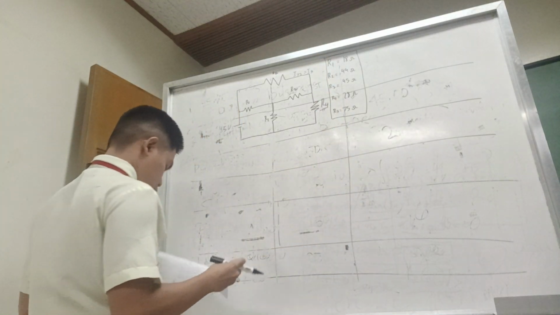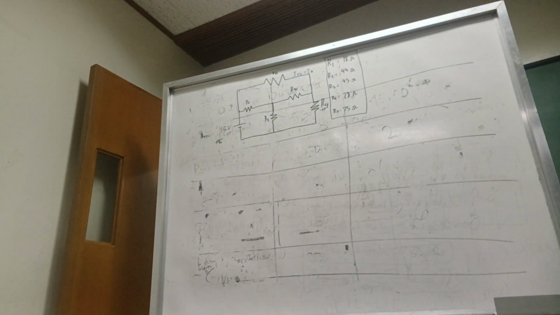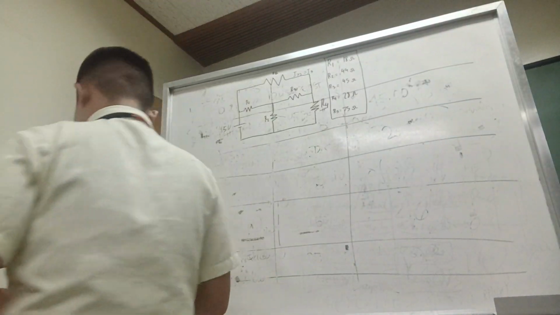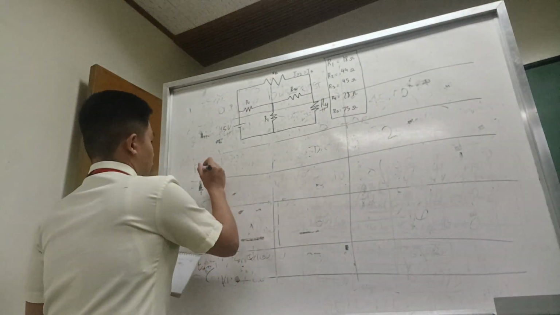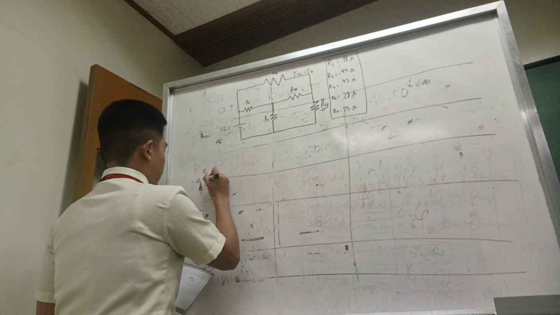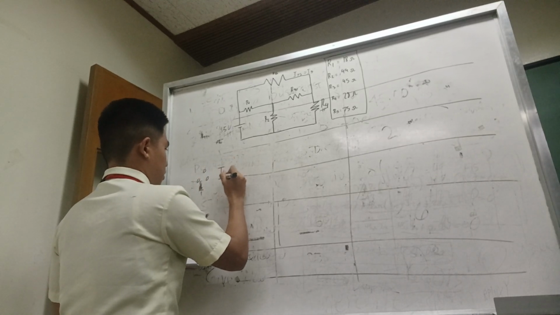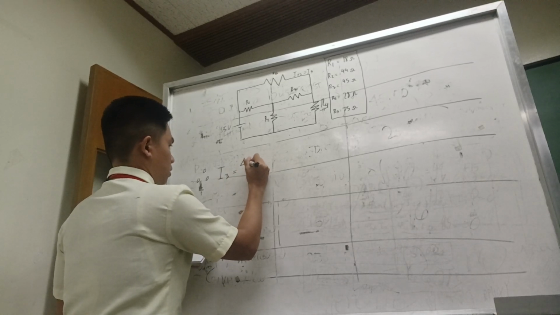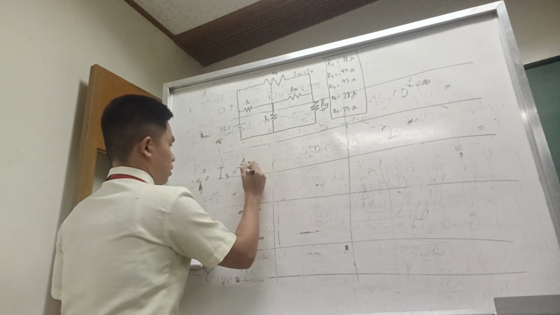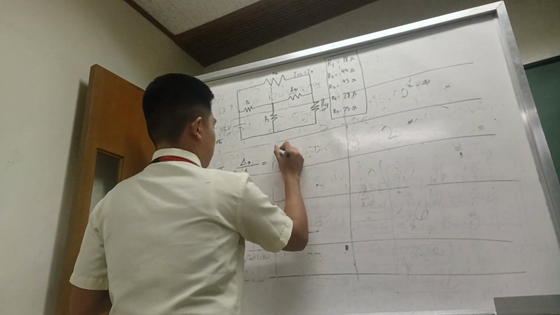Okay. Now we need to input everything. Therefore, this is the final answer. Therefore, I3 is equals to delta sub 3 over delta.